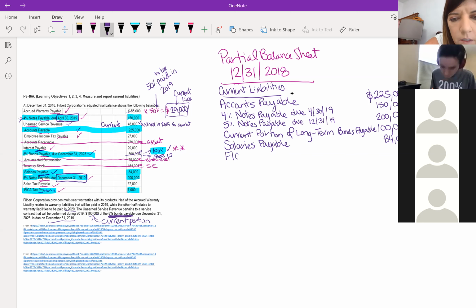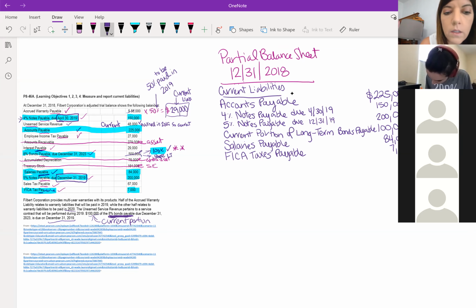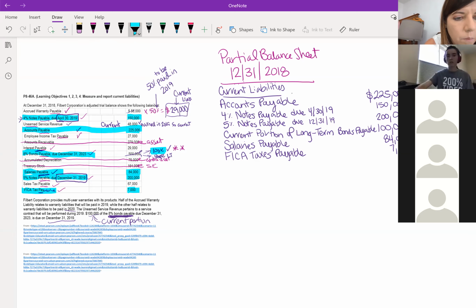So FICA taxes payable, and they're going to do it when they pay you. Same period, they're legally obligated to do so. 7,000. After the FICA taxes payable, it's another one that relates to the payroll, employee income tax payable. 27,000.